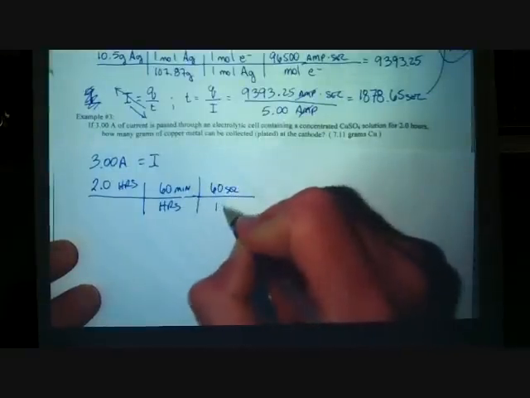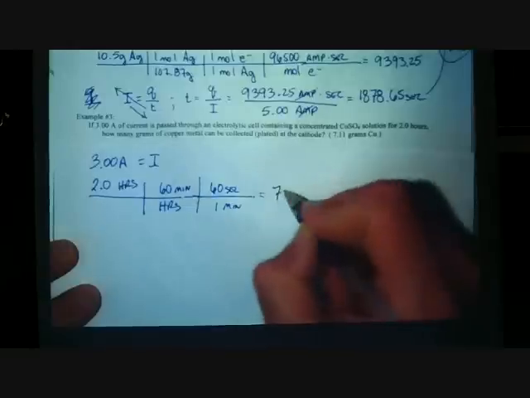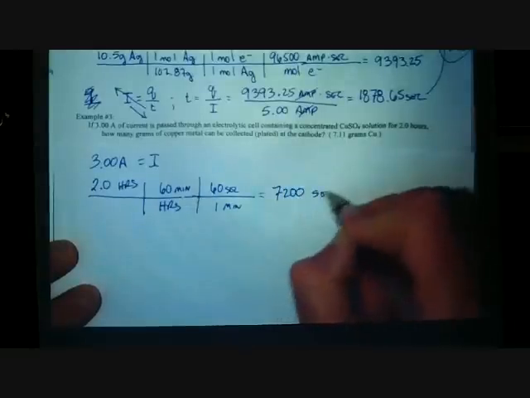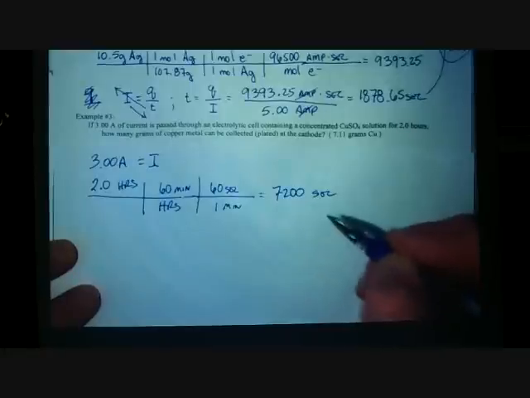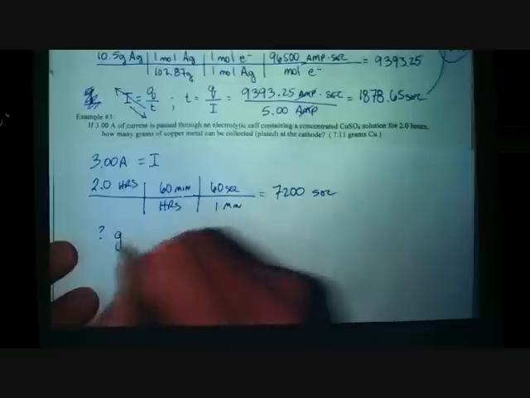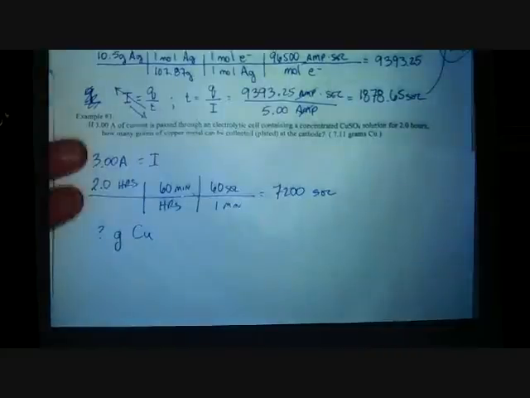So that is 7,200 seconds. And the question wants to know how many grams of copper metal. So that's the information that's given to us.